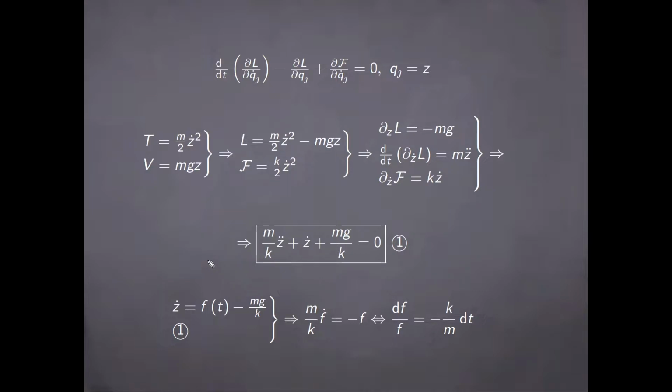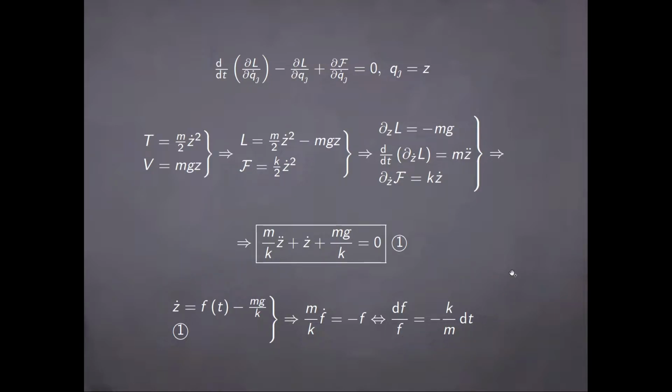To solve this equation, we set the time derivative of z to be equal to some function of time f of t minus m times g over k. And if we put this in equation 1 and work things out, we get to the result here, and finally the differential form that's been written here.